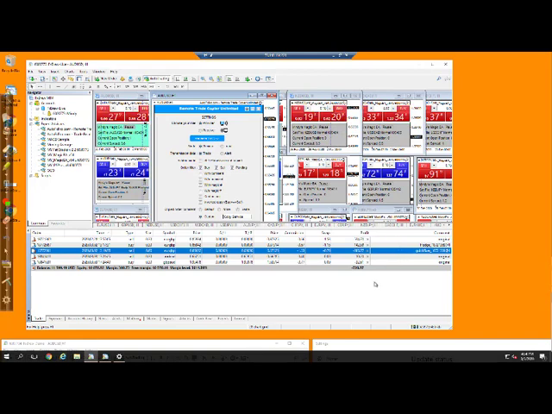So anyway, this is causing a rather significant negative PL in the account right now, but it's nothing to worry about. We're just using the money that we put into the account for the purpose that we put it into the account for. We put money into forex accounts to use that money to make more money.